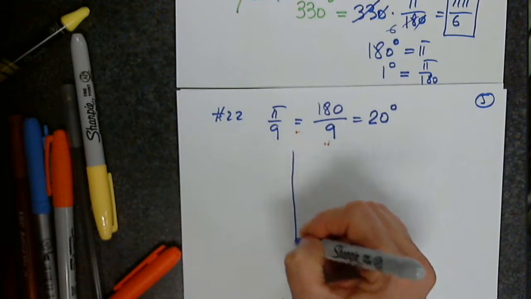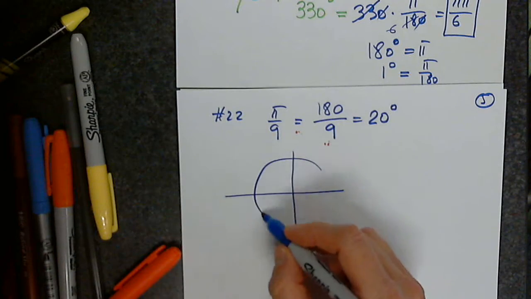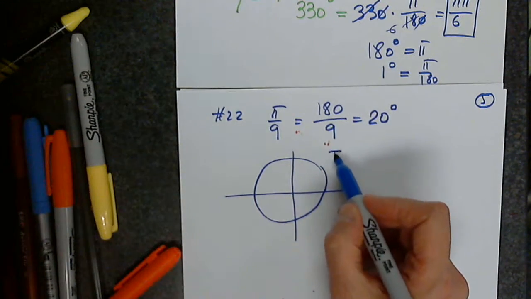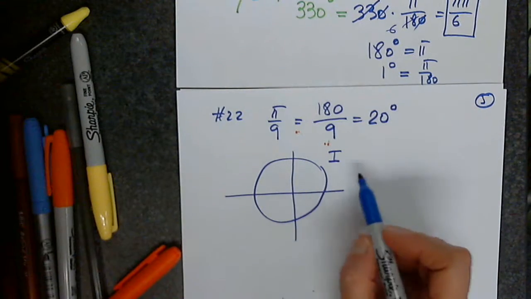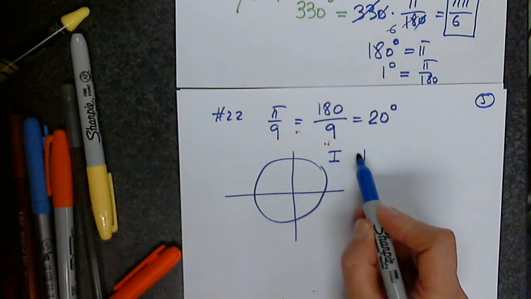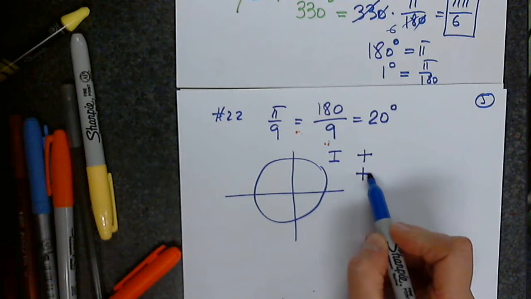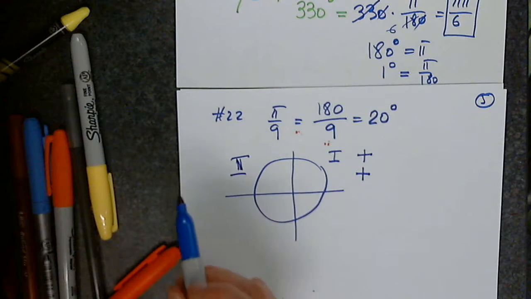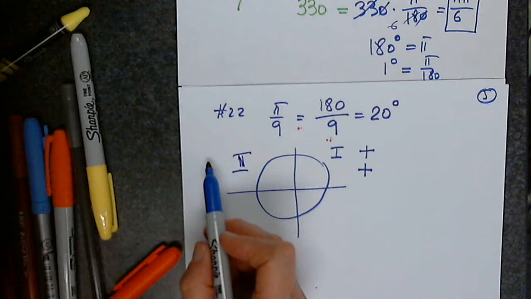So first of all, let's talk about quadrants. What quadrant is this? Good. Can anyone tell us the sign of x and y here? So x is positive, y is positive. This is the first quadrant. What is the sign of x?